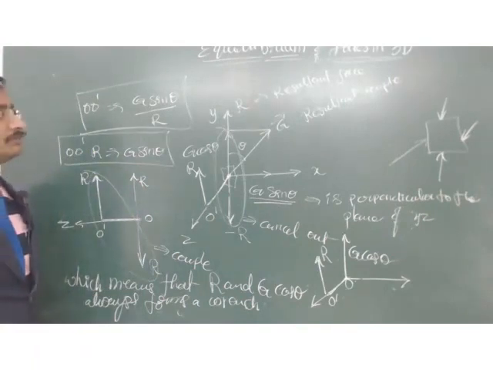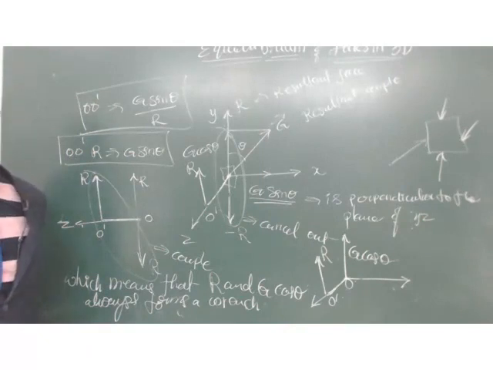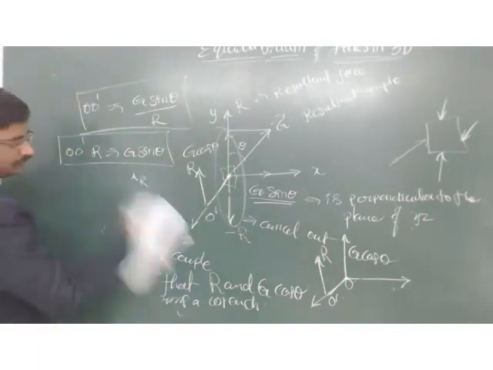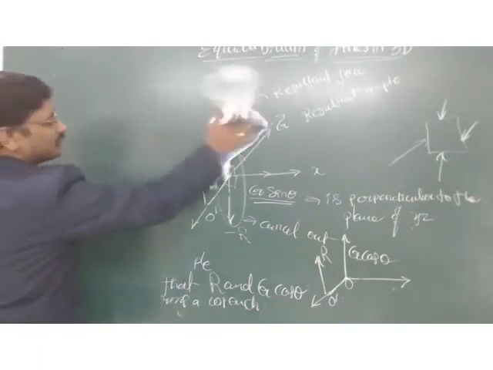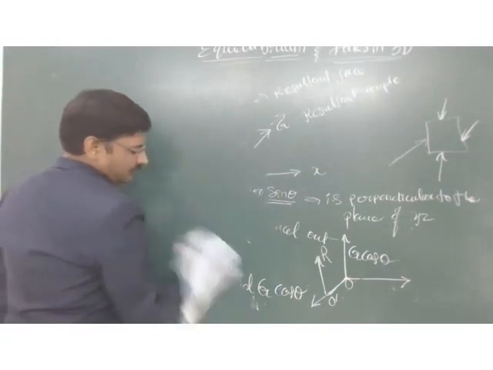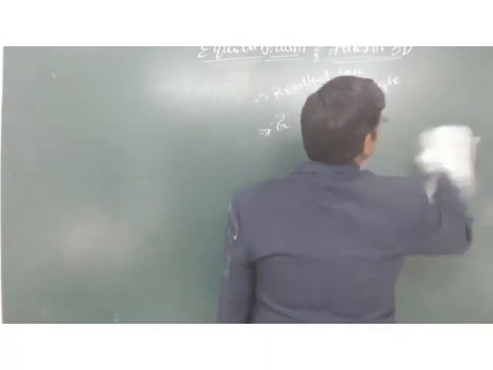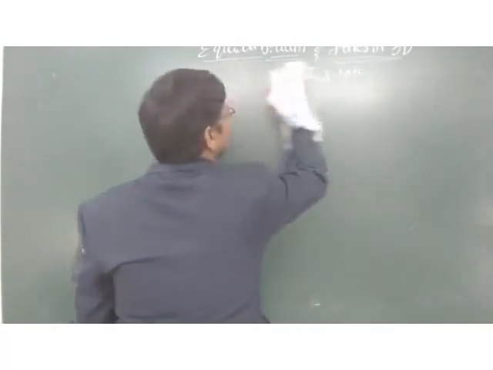Any questions? Done. So now from here we can make out that there are certain names that were given to this R. This R direction is nothing but the resultant force for S. So that resultant force is called the central axis.